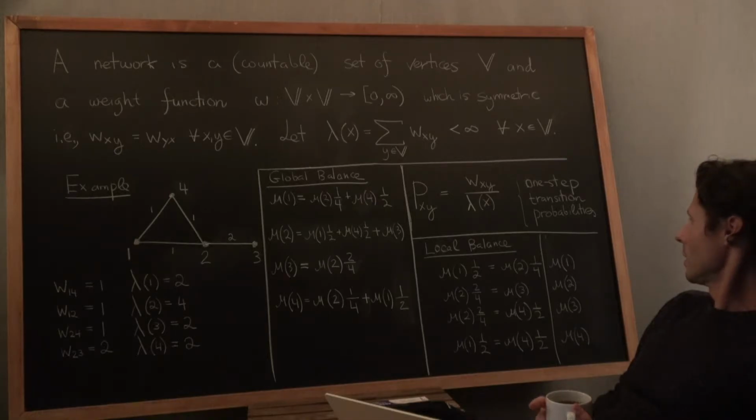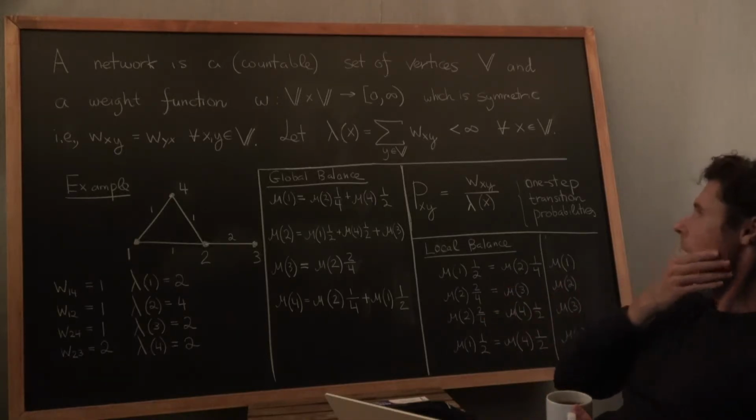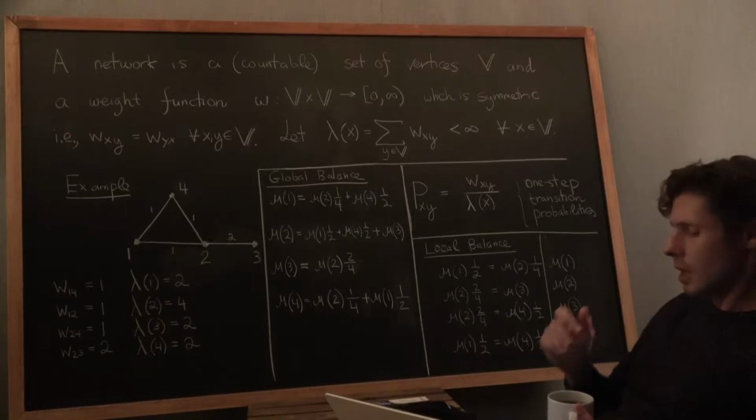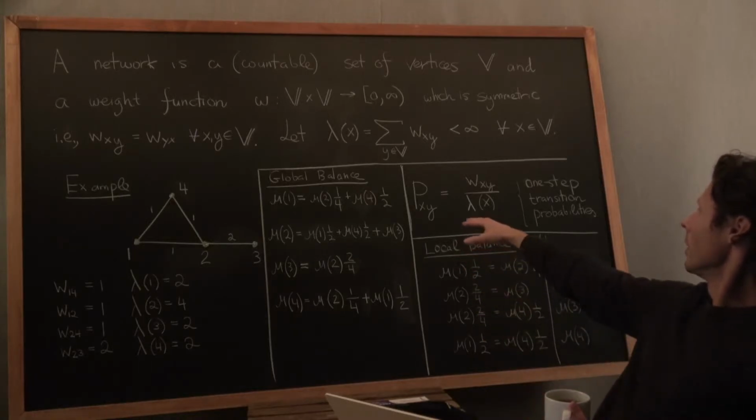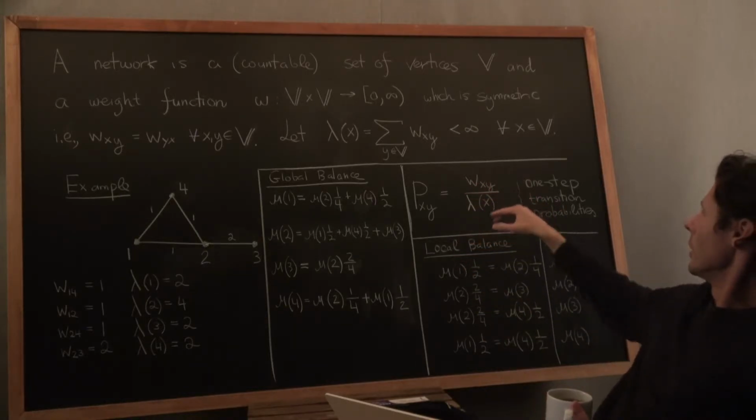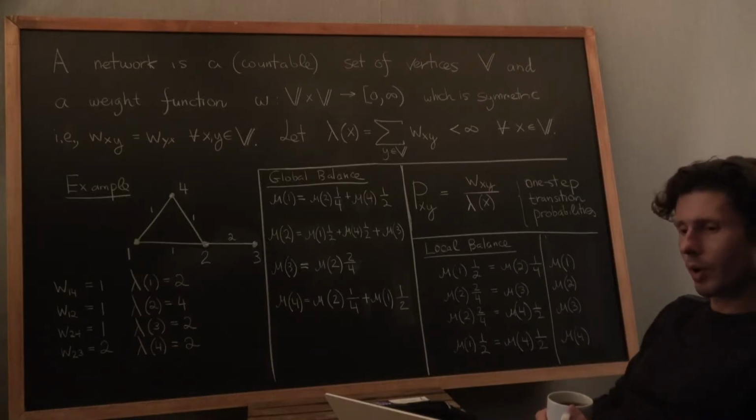All right, so what's next? I lost my train of thought here for a sec. We're going to define now a random walk on this network, and I'm going to claim that it's given by the following set of one-step transition probabilities.